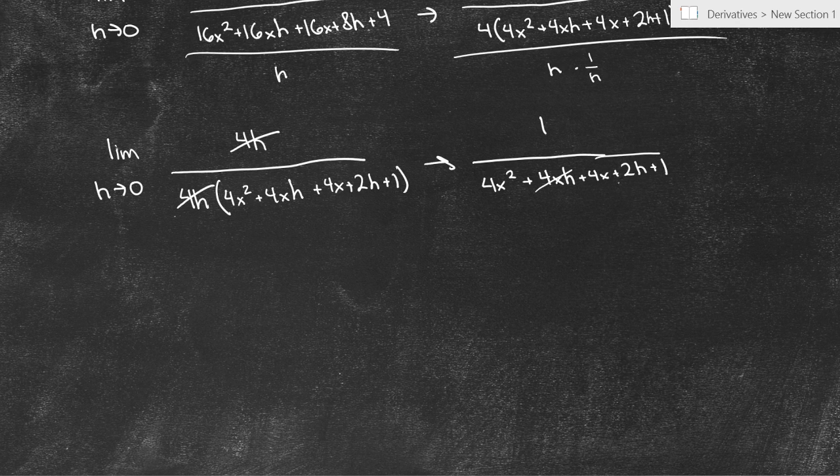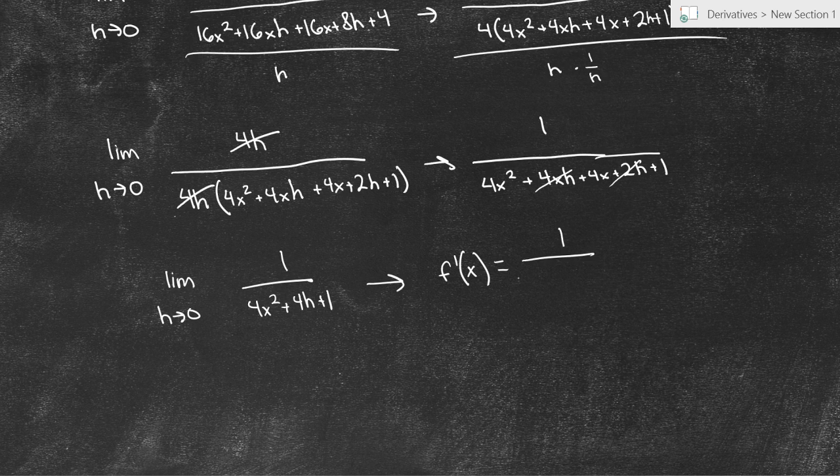So 4xh is just 0. 2h is just 0. So the limit as h approaches 0 of 1 over 4x squared plus 4x plus 1. And that is what f prime of x is.